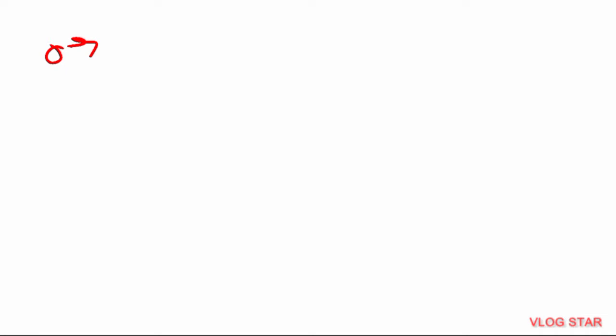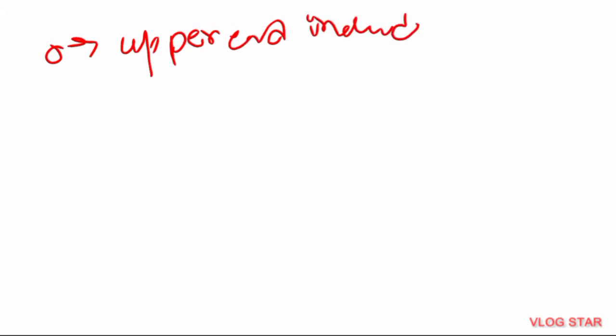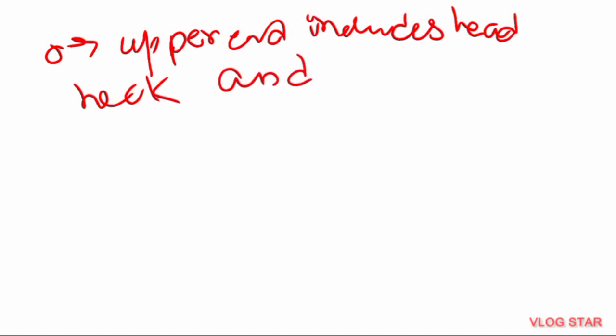Second point: its upper end includes head, neck and radial tuberosity.